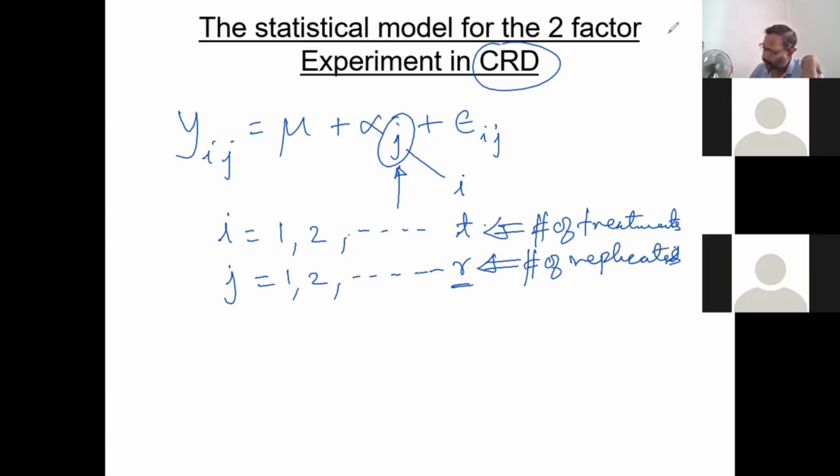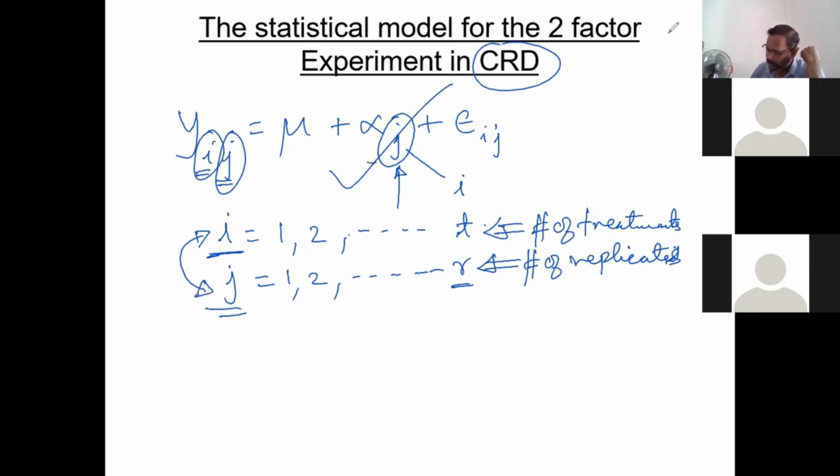So this is how this i and j have been defined. This is the treatment, this is the replicate. There is no harm. This is correct. Then you'll have to define these two the other way around.